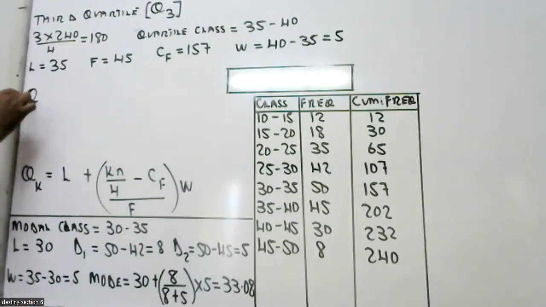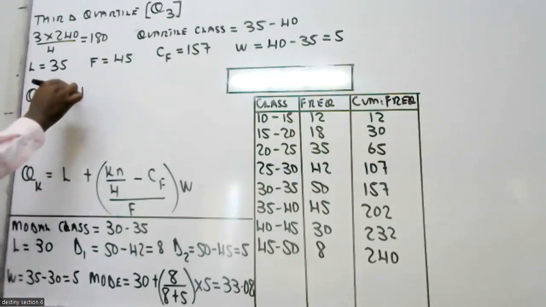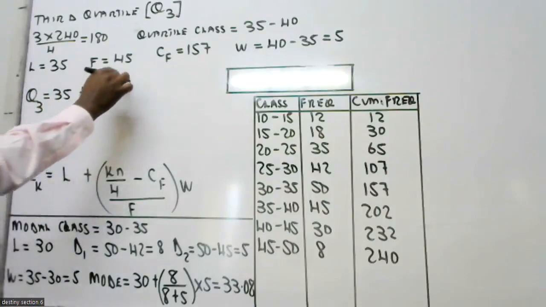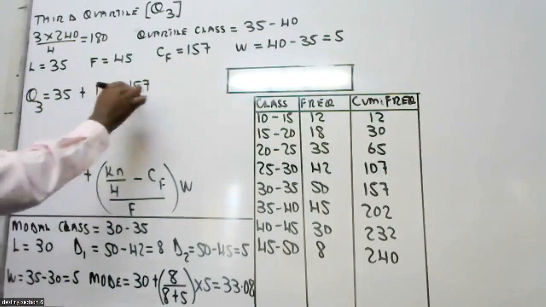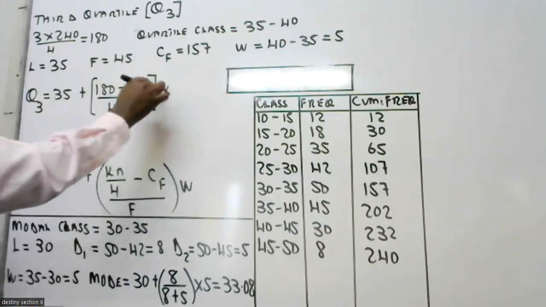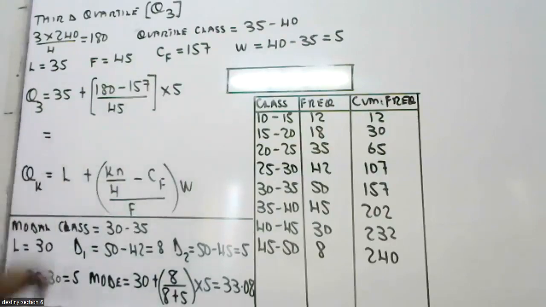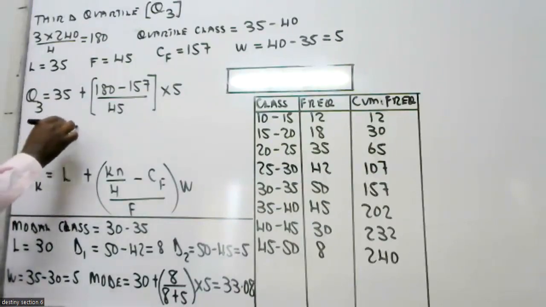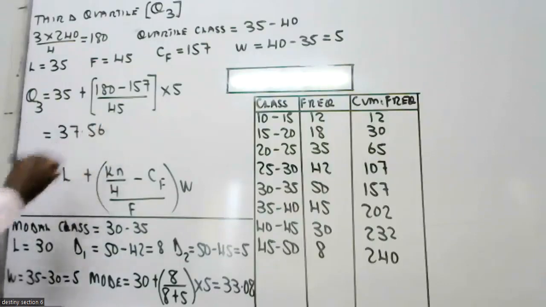So consequently, my Q3 should be the lower limit of 35 plus 180 minus 157 divided by the frequency of 45. You multiply by the width of 5. So 180 minus 157 divided by 45 times 5 plus 35 is 37.56.